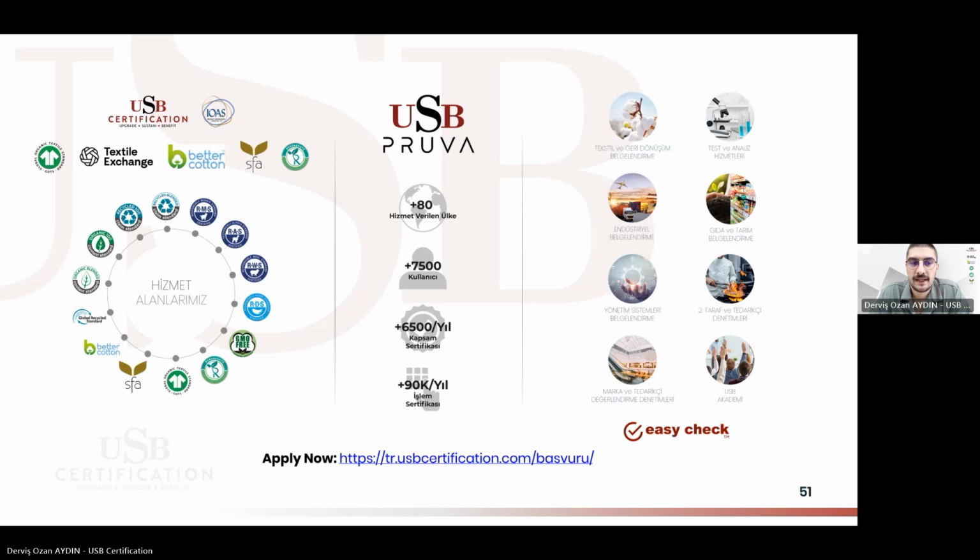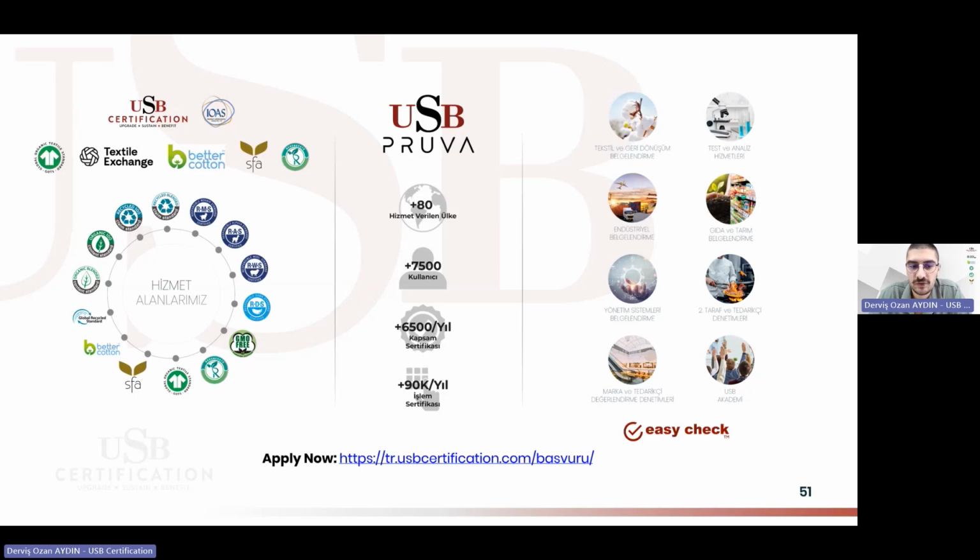So USB certification is accredited under ISO, and USB certification also operates the GOTS, Textile Exchange, Better Cotton, SFA, and Regenerate programs. All the standards that we mentioned in the previous slides can be operated and certified under USB certification.